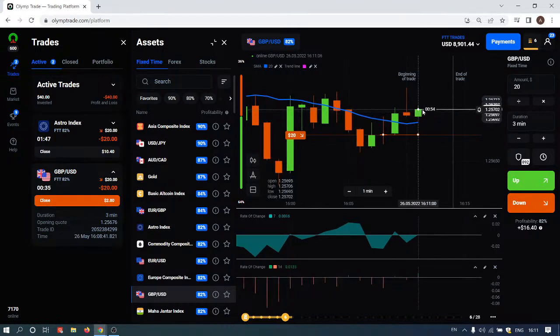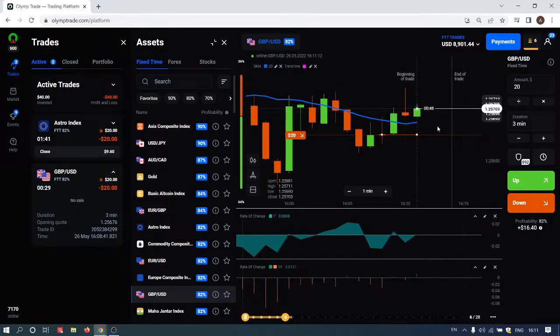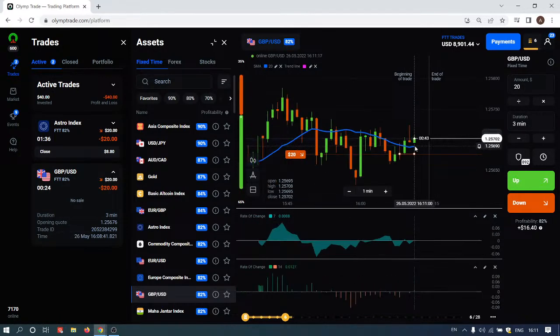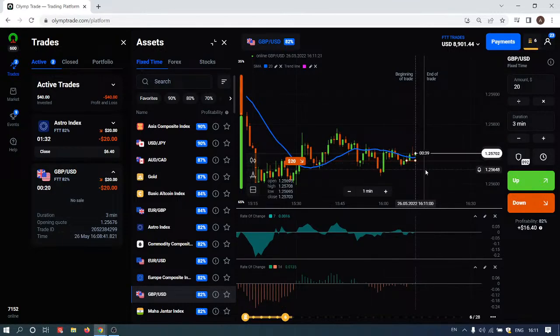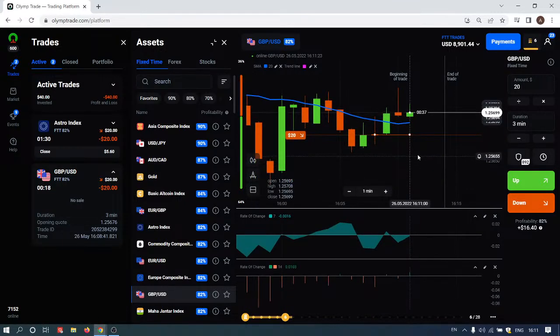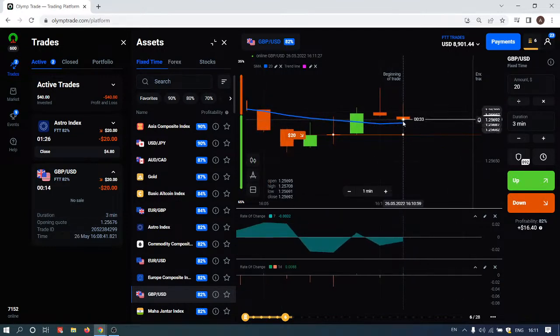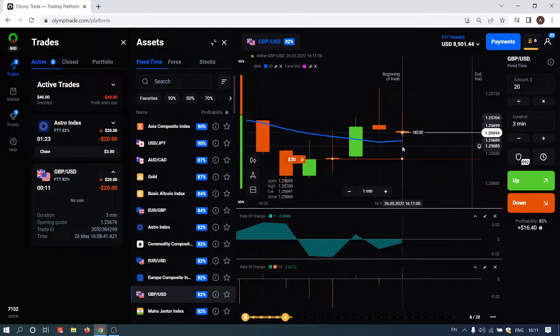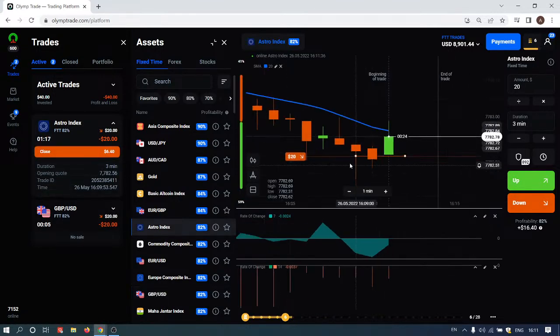Sometimes you have a pretty good chance, because even though we have 30 seconds left until the end of this trade, we are not that far from the opening price, so that's why I didn't cancel this trade, and I'm keeping it up until the end. But of course, now the chances are minimal.